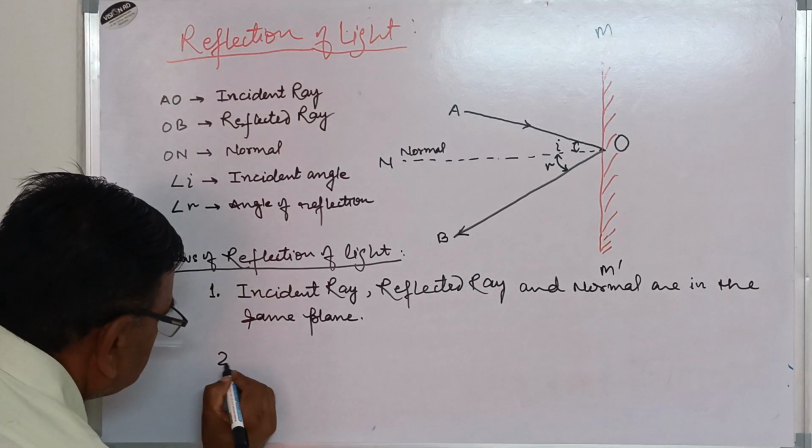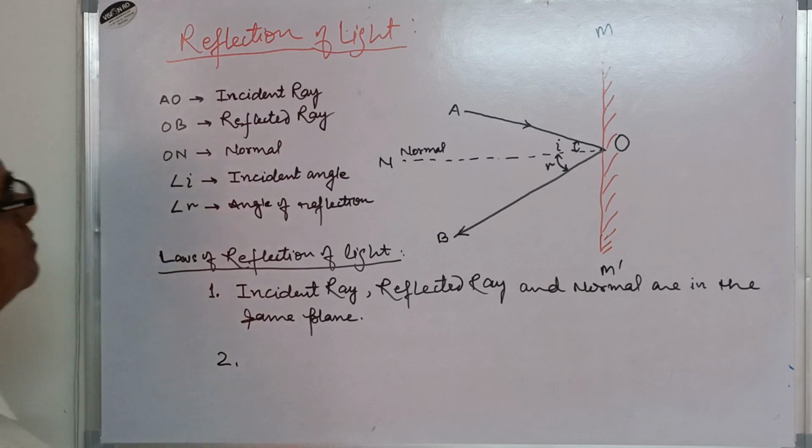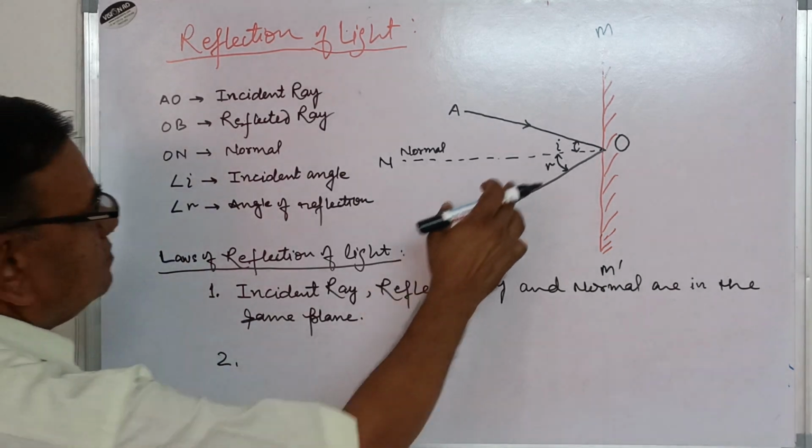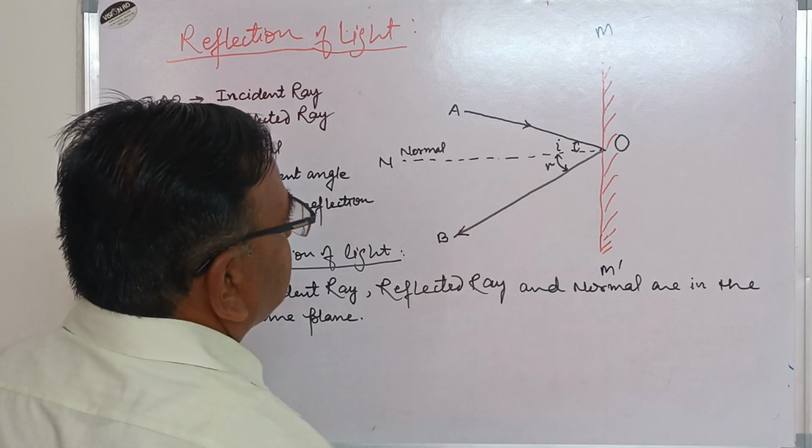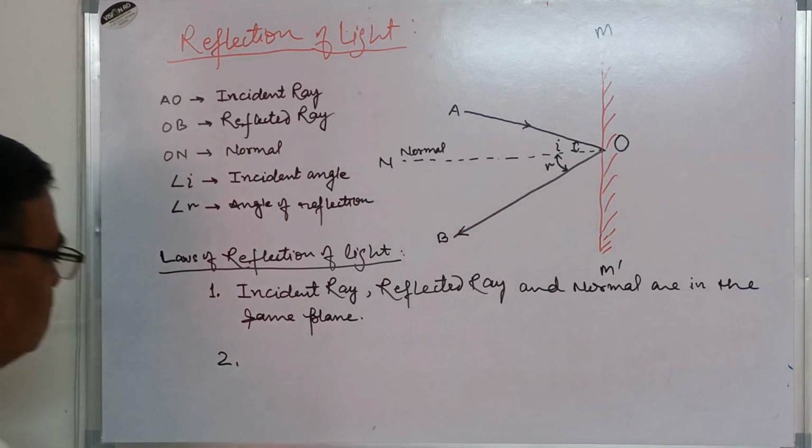Number 2, law number 2 says angle of incidence and angle of reflection are always equal.